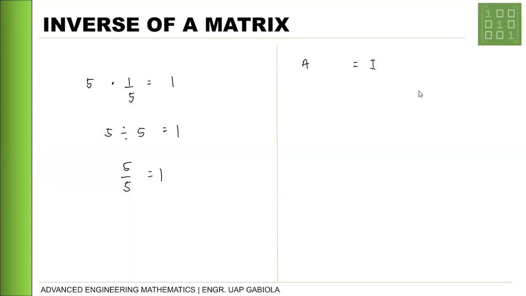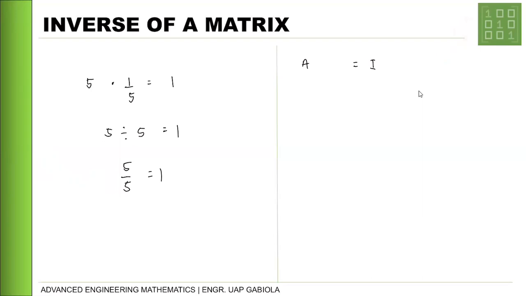Yung identity matrix natin katulad dito sa figure na to. Okay? So it's a square matrix na yung main diagonal lang ang may ones, and then all other elements or entries inside the matrix are all 0.